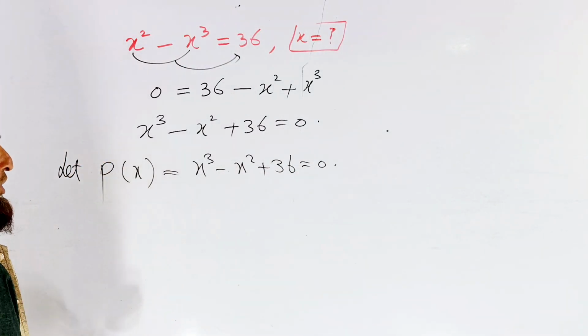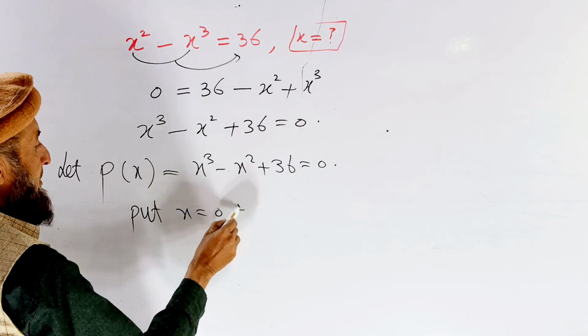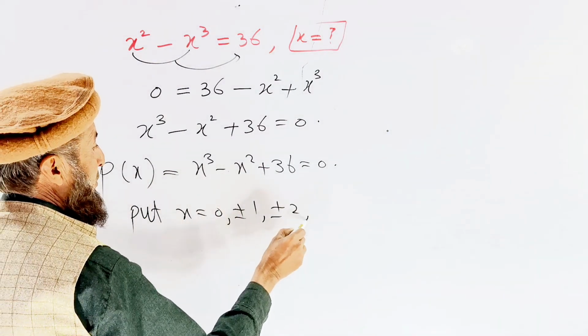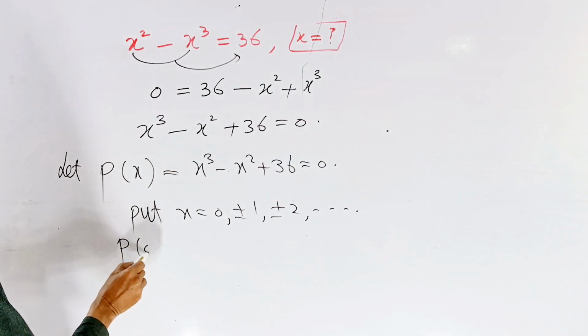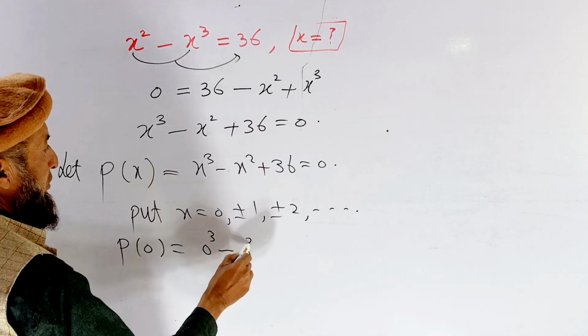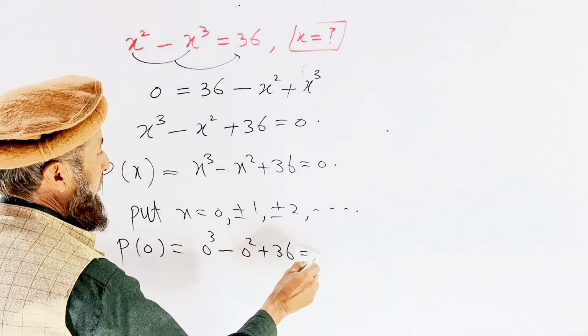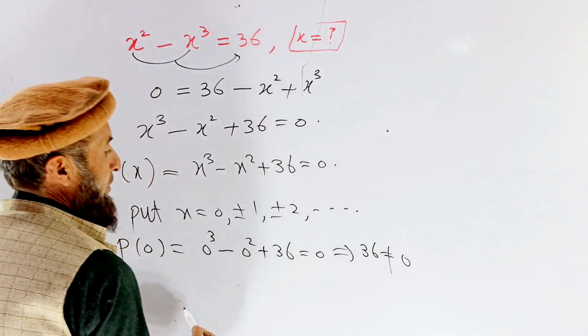First of all, we check by putting x equal to 0, plus minus 1, plus minus 2, and so on. If we put 0 first, we get 0 cube minus 0 square plus 36 is equal to 0. So 36 is not equal to 0.